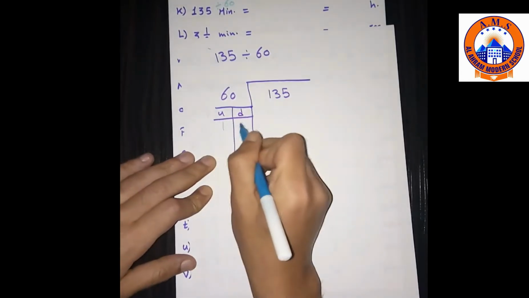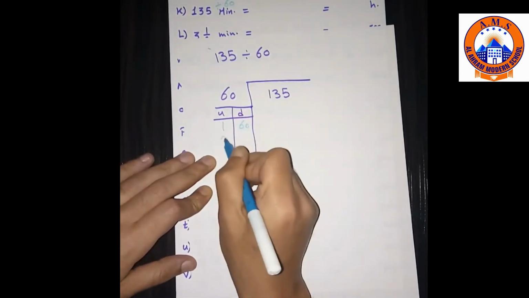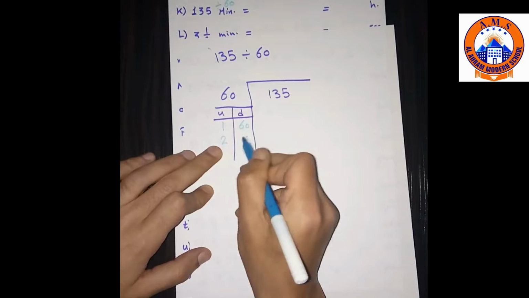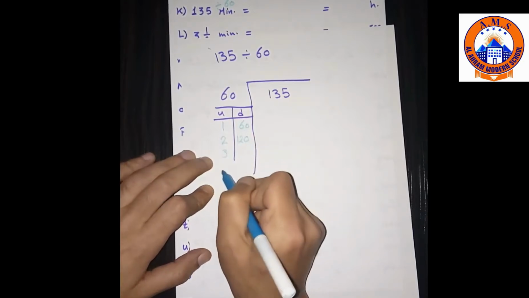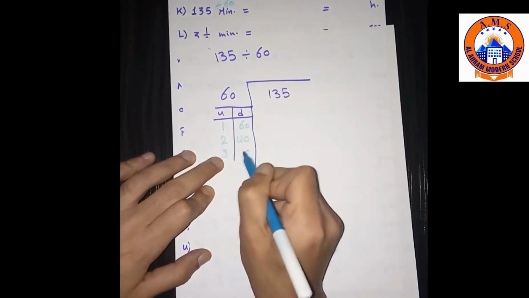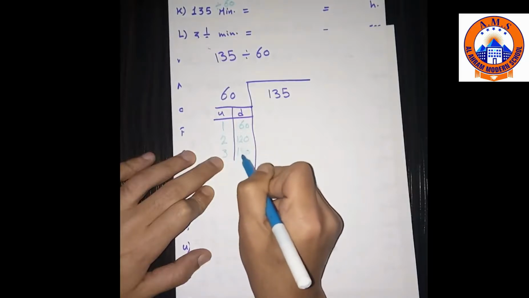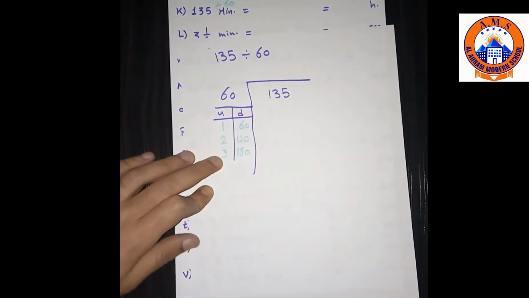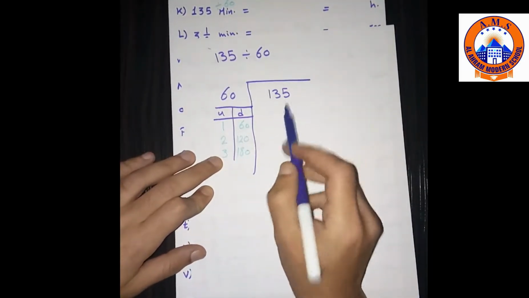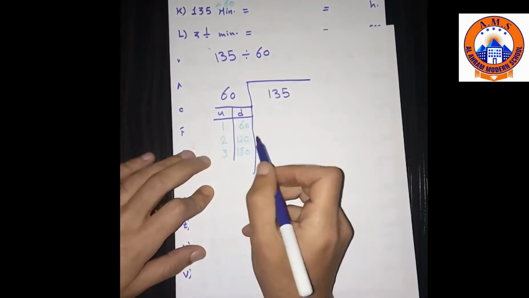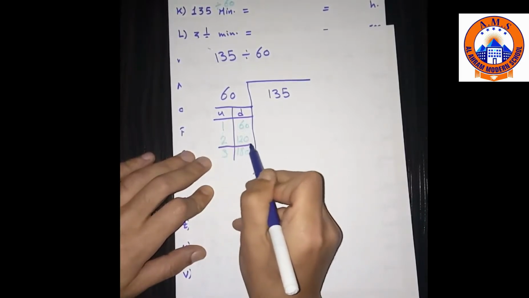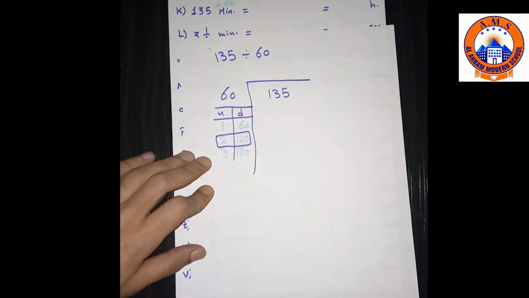60 by 1 equals 60, 60 by 2, 2 by 0 equals 0, and 2 by 6 equals 12. 60 by 3, 3 by 0 equals 0, and 3 by 6 equals 18. We don't have the number 135 in the down row. We will take the nearest number to 135, which is 120.